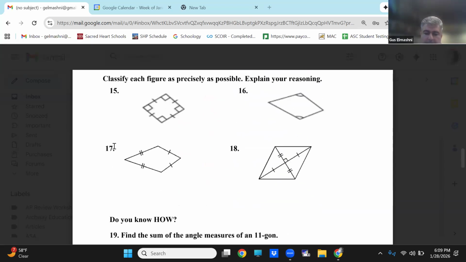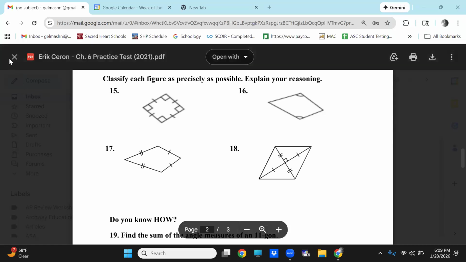Okay. Let's classify these. Wait, am I just supposed to say the name of the shape? 15 is a square. I'm not sure what 16 is. Is it a diamond? Kite.